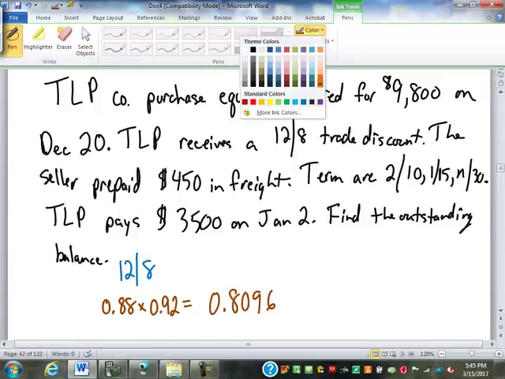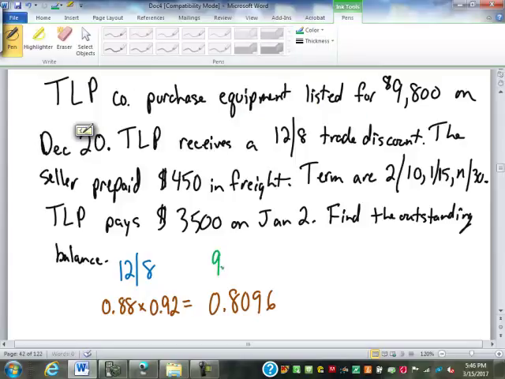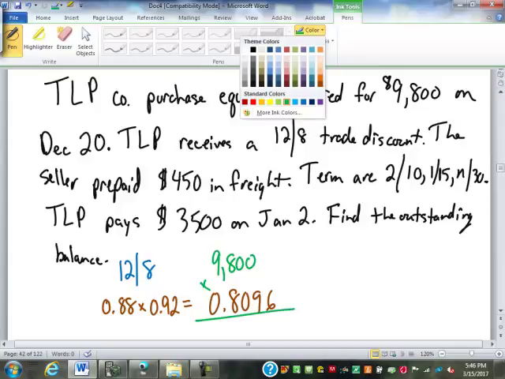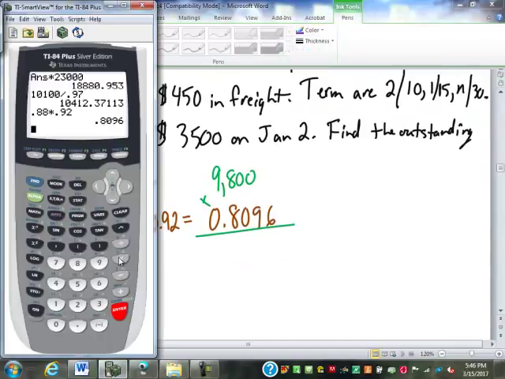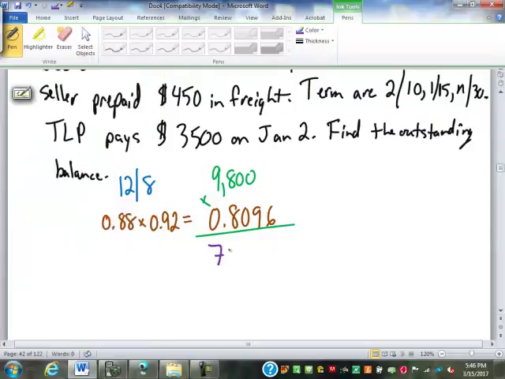To find our amount that's going to appear on the invoice, we'll take our 9,800 list price times that amount. So $7,934.08. So that is the amount that appears on the invoice.